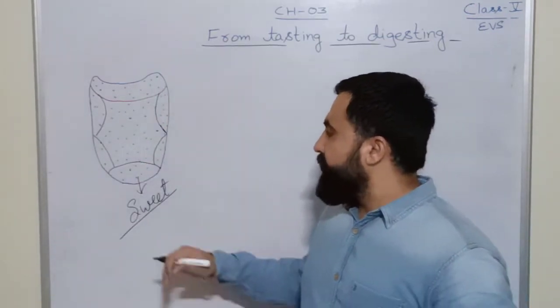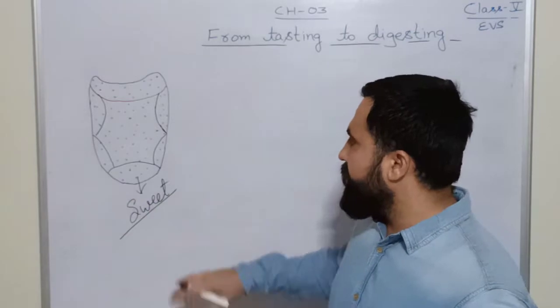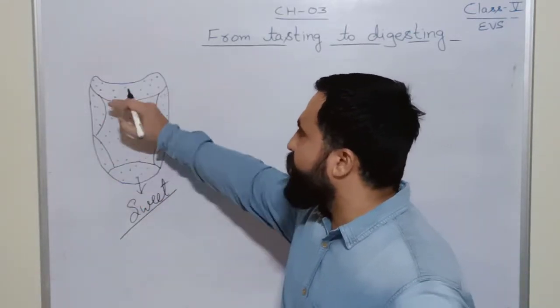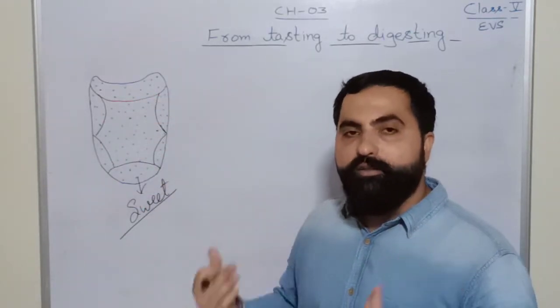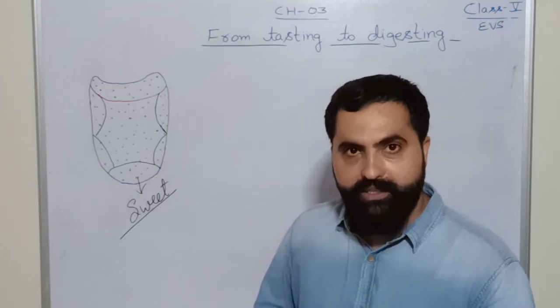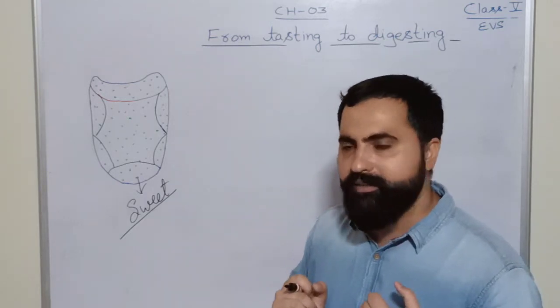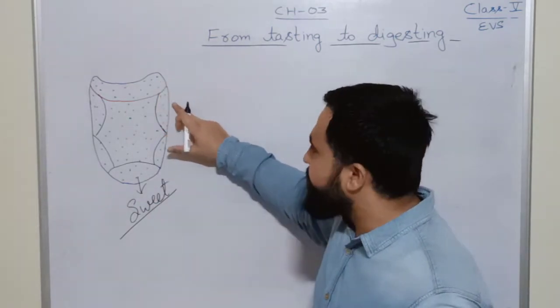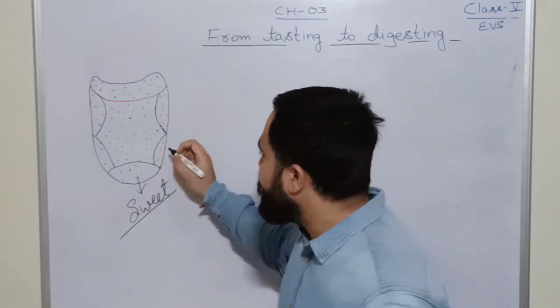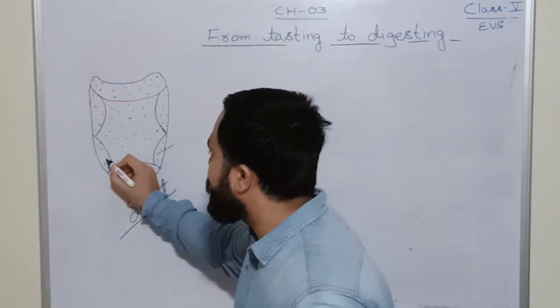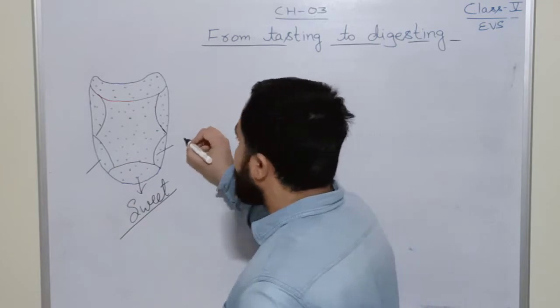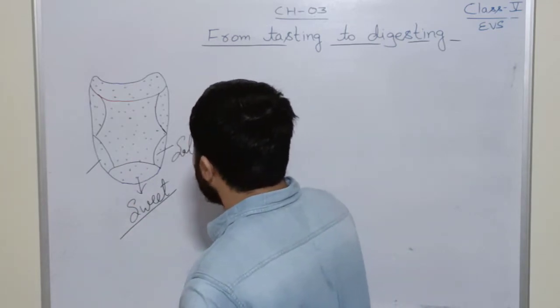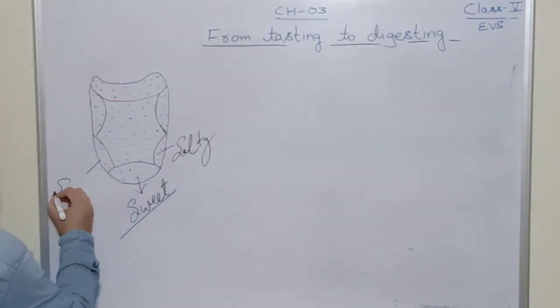Then we take another one. Which part of our tongue tells us that our food item is salty? Think about it. Yes, this part, or both sides, tell us the food item is salty.